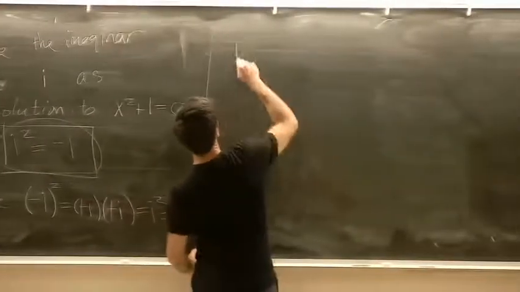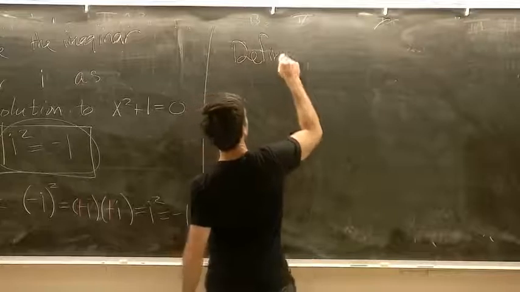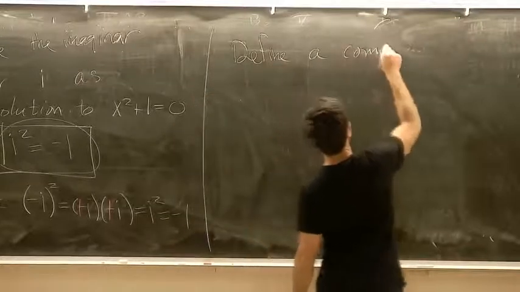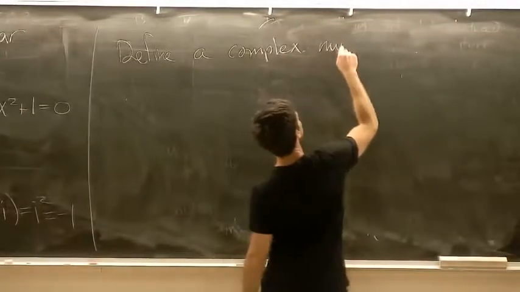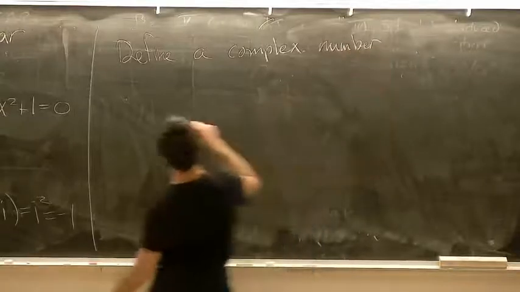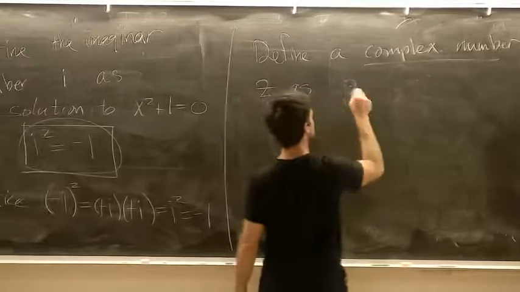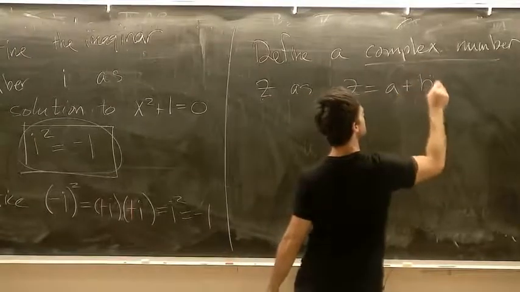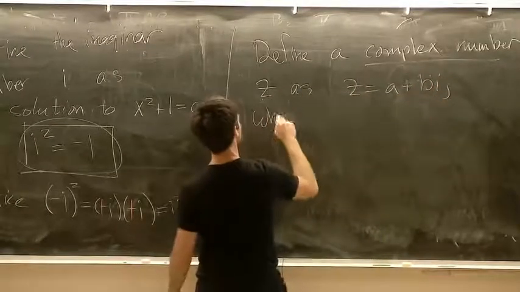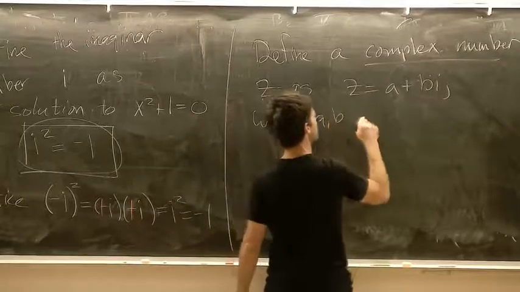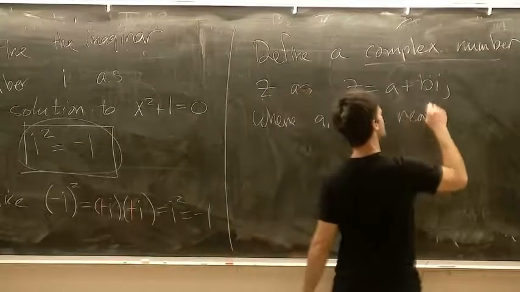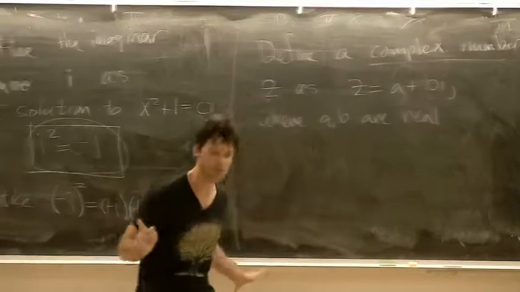And then using that, we can define a complex number z as z is equal to a plus b times i, where a and b are real numbers, any real number.